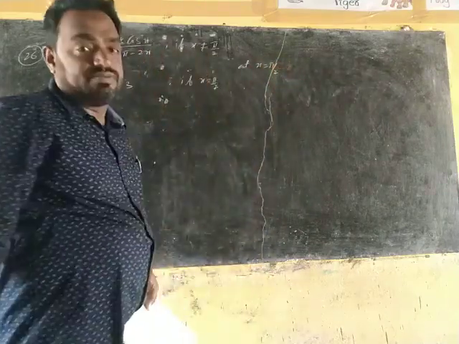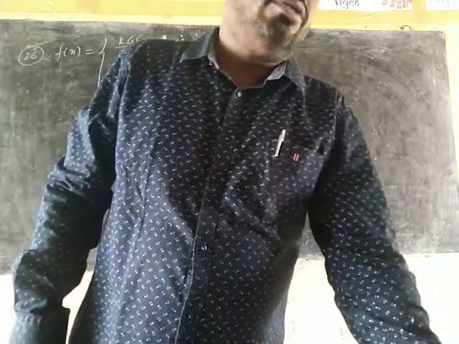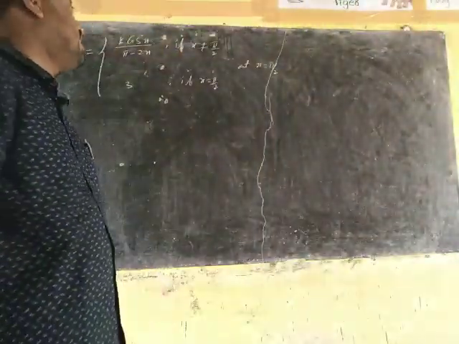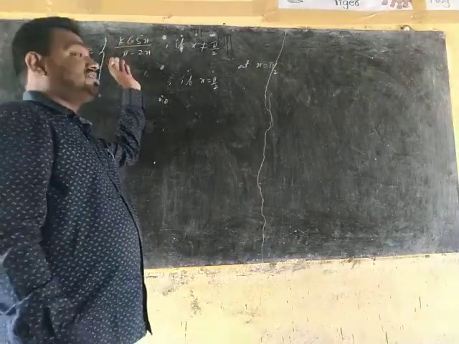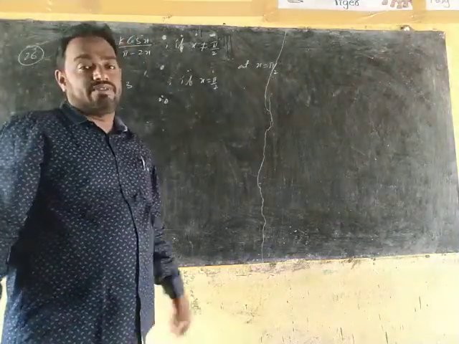This is the question. So what we need to find here? We need to find the k value, such that this function is continuous at x equals pi by 2.